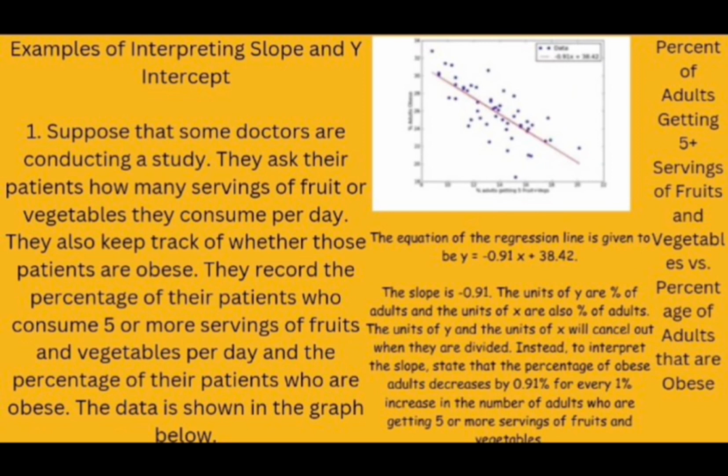The units of y are percent of adults and the units of x are also percent of adults. The units of y and the units of x will cancel out when they are divided. Instead, to interpret the slope, state that the percentage of obese adults decreased by 0.91% for every 1% increase in the number of adults who are getting 5 or more servings of fruits and vegetables.